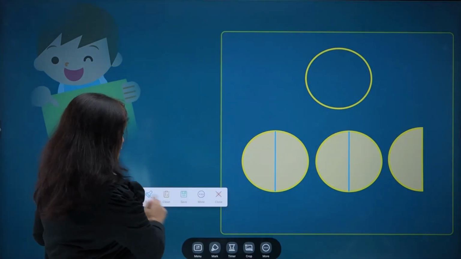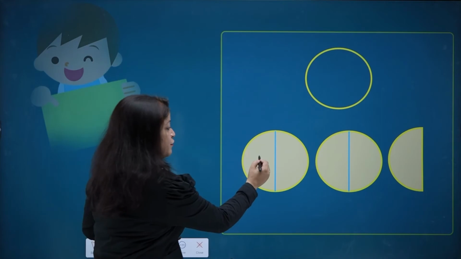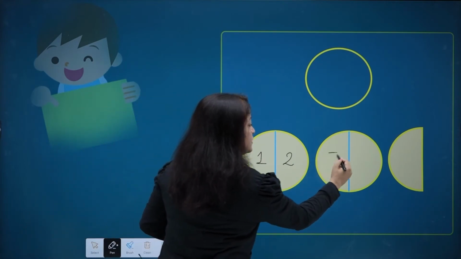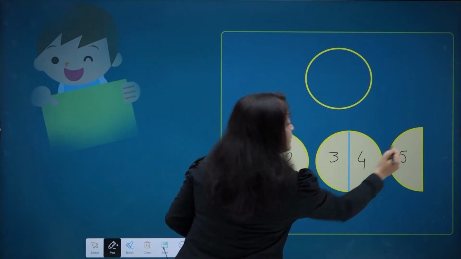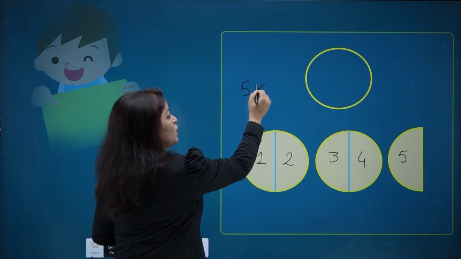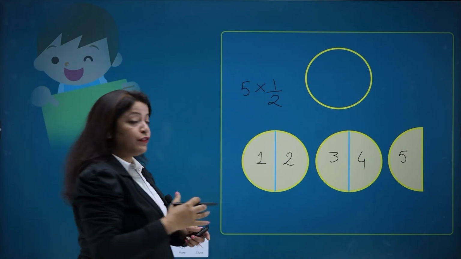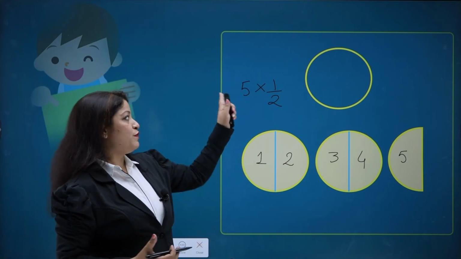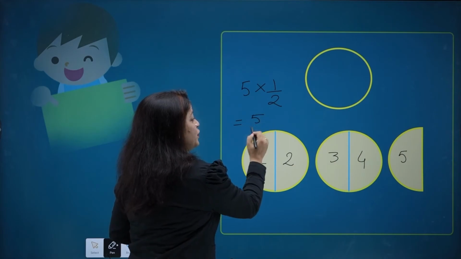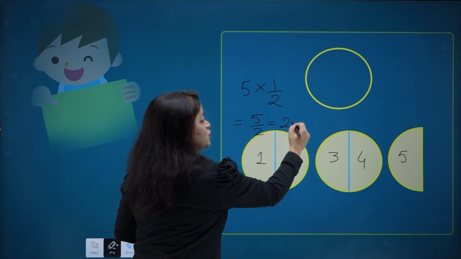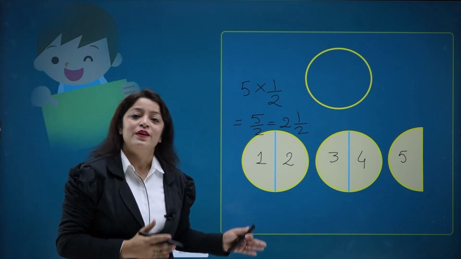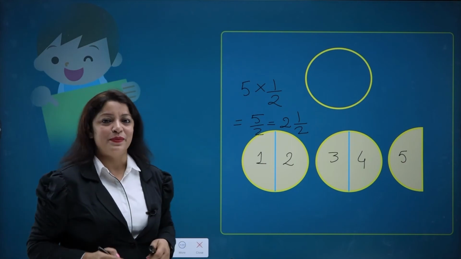If we calculate, we find that there are first, second, third, fourth and fifth, 5 equal halves. So 5 equal halves means half is repeated 5 times. So 5 times of half. That means now you got the number 5 over 2, or you can write it as 2 1/2. So this is a way in which we can also relate this practical example.